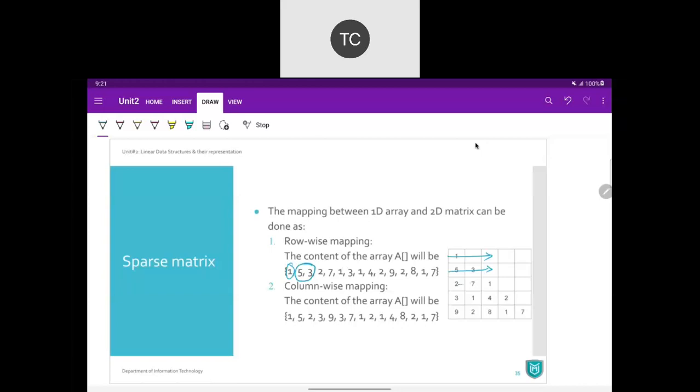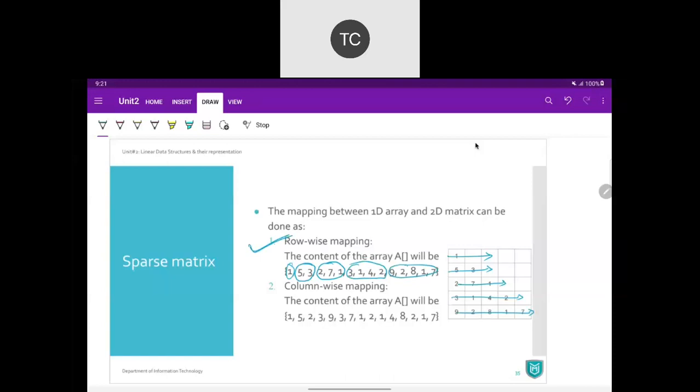Then you take your third row, 2, 7 and 1, you'll have 2, 7 and 1, and so on, right, up to 2, and the last one. So when you consider your entire row, it is called row-wise mapping.